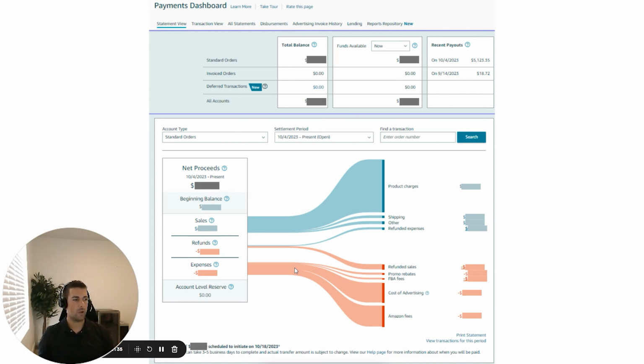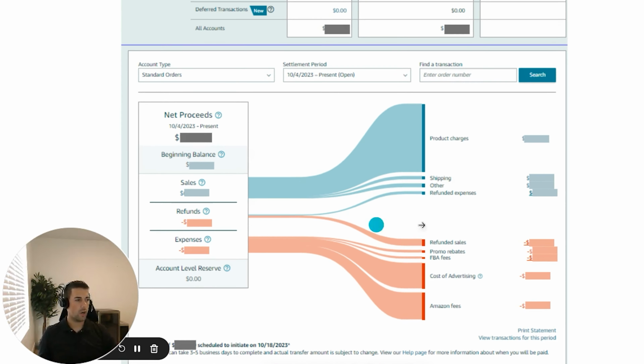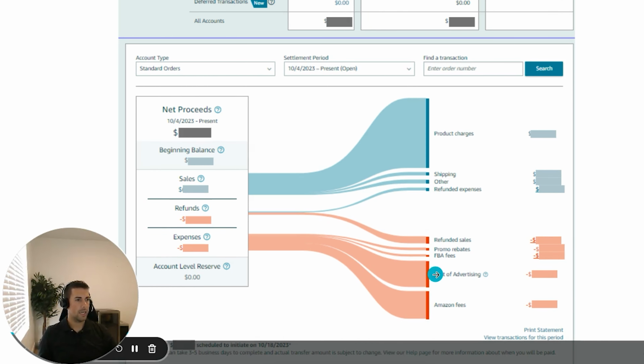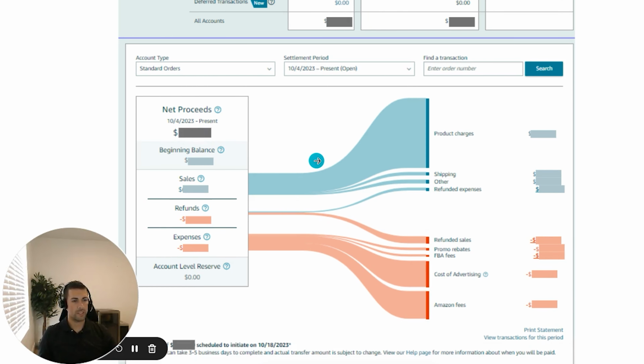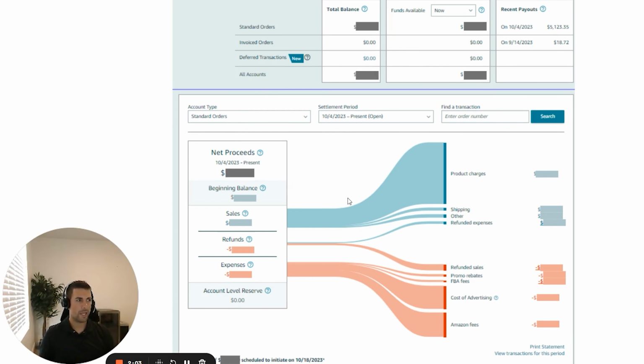Depending on what type of fees you have, whether it's refund, promotional, cost of advertising, or other Amazon fees, those are all deducted out before you have your net proceeds. So you essentially have a payout bucket, and from that bucket it will be paid out over a certain period, and then the current fees for that term will be deducted.